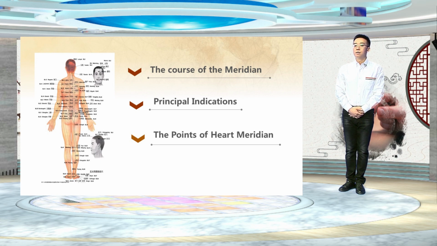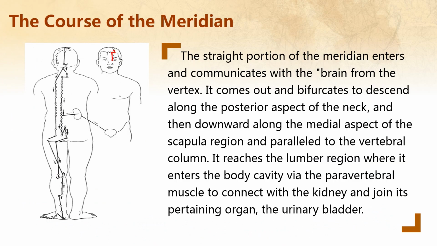First of all, let's learn the course of the meridian. The straight portion of the meridian enters and communicates with the brain from the vertex. It comes out and bifurcates to descend along the posterior aspect of the neck, and then downward along the medial aspect of the scapular region, parallel to the vertebral column.